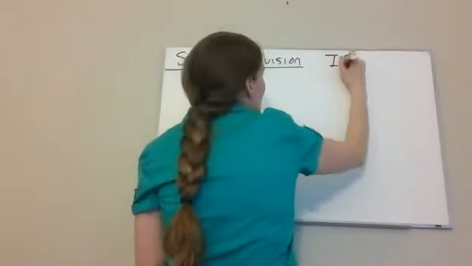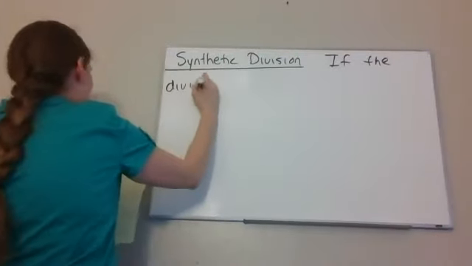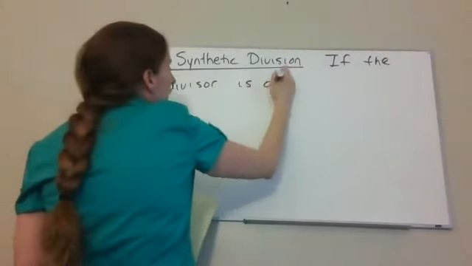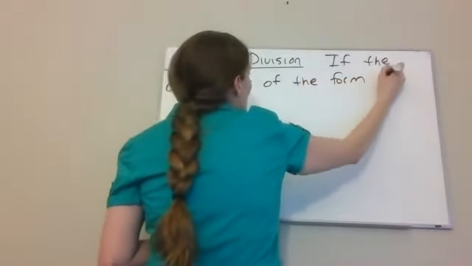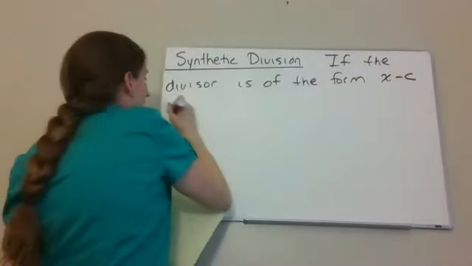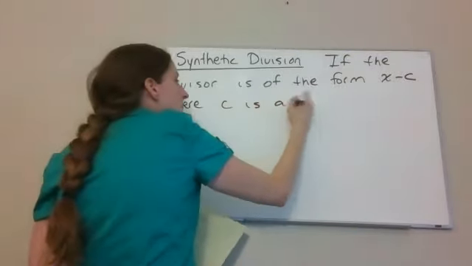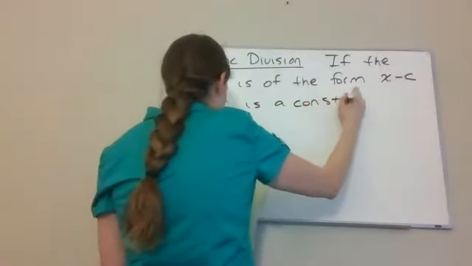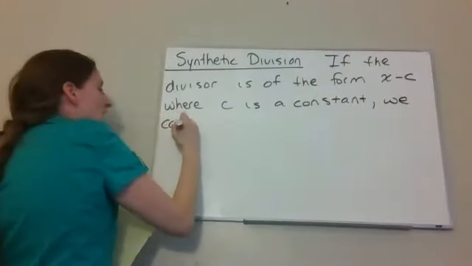If the divisor is of the form x minus c, where c is a constant, then we can use synthetic division.